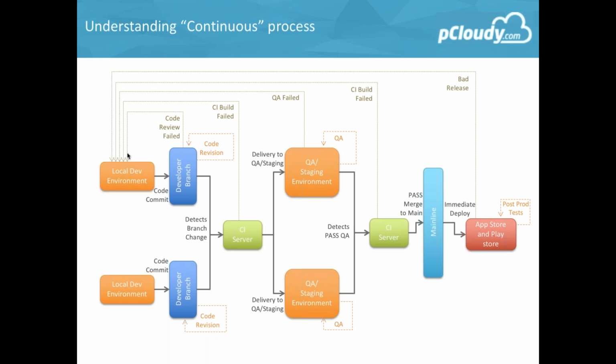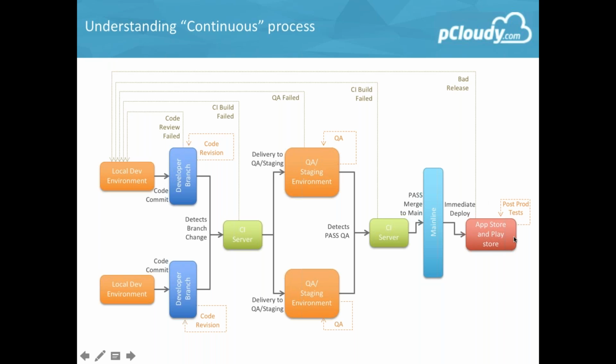And from here, depending on whether the organization is following a process of CI or CD, the deployment goes to production. In case of a mobile app, it will be either App Store or Play Store, or could be a distribution platform like Hockey App, Test Flight, etc.